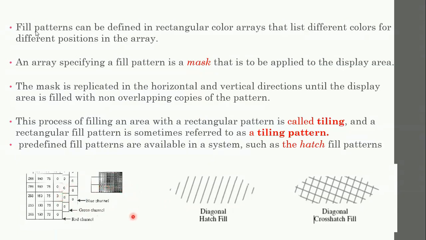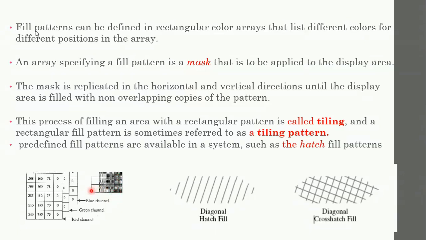So first, the array that specifies the fill pattern is defined, and we call it a mask. Once you have created a mask, you replicate it either in a vertical manner or in a horizontal manner.